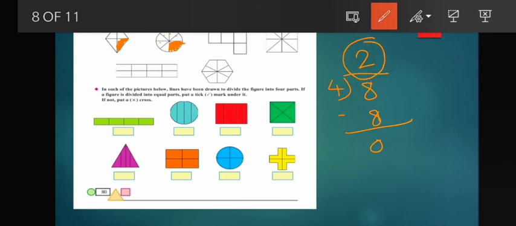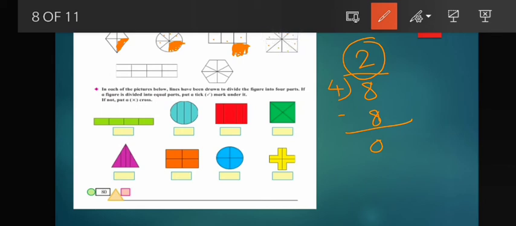Now let us see. 1, 2, 3, 4. Now there are 4 parts. So you will color the quarter part. So this is the quarter part. Okay, one part is the quarter part. Now let us see the square. 1, 2, 3, 4, 5, 6, 7, 8.